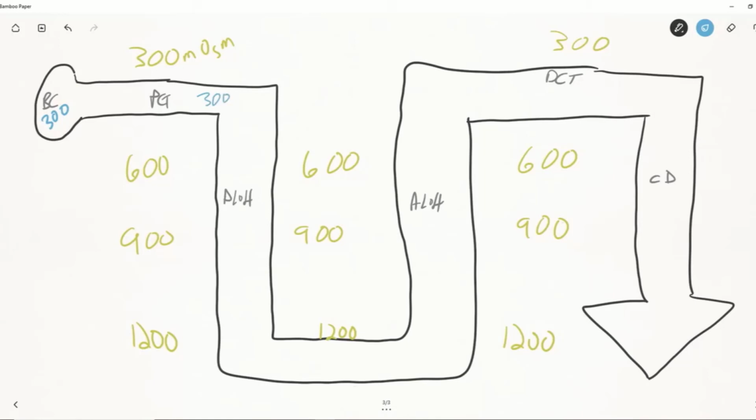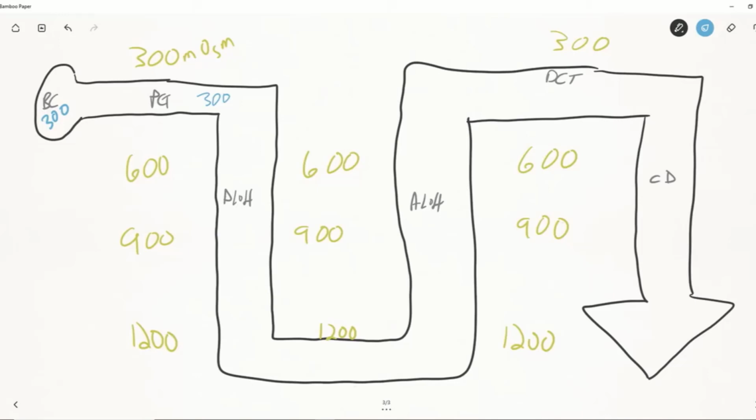Now, it's reduced in volume quite a bit, but the concentration doesn't really change all that much because we have reabsorbed water and we have reabsorbed solutes. But we get to the end of the PCT, and then we take a turn, and now we're going to start leaving the renal cortex and go down into the renal medulla.